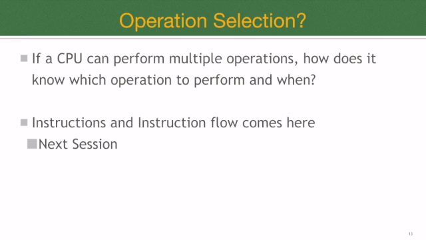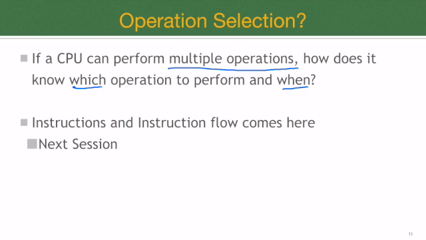All of those operations cannot be performed just through addition. So there are multiple operations that need to be performed to complete a complex task that the user wants to execute. So the CPU can actually perform different operations. How does it know which operation to perform and when?